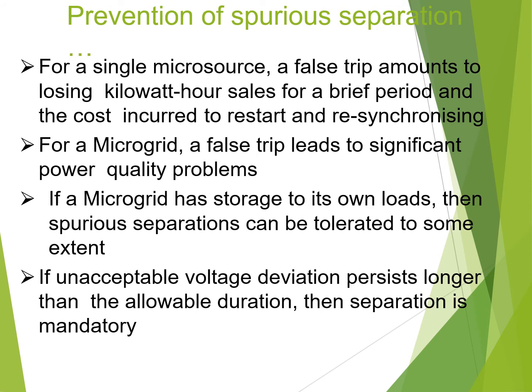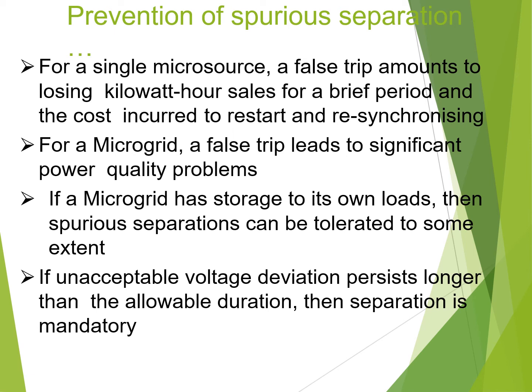For a single microsource, a fault trip amounts to losing kilowatt hour sales for a brief period, and the cost incurred to restart and resynchronize. For a microgrid, a fault trip leads to significant power quality problems, and if the microgrid has enough storage, then this spurious separation can be tolerated.